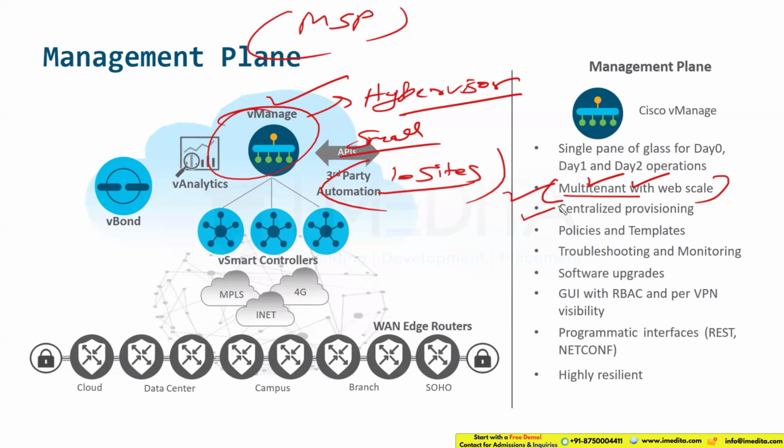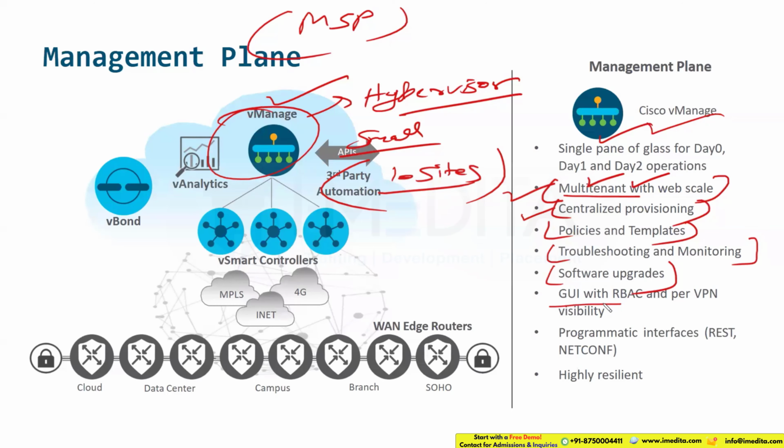Centralized provisioning. You provision everything from vManage. If you are making any configurations, you're going to perform them from vManage only. All your policies and config templates will be created from vManage. You would do troubleshooting and monitoring from vManage. That is why we call it single pane of glass. You perform software upgrades from vManage. You would have the GUI access, graphical user interface.